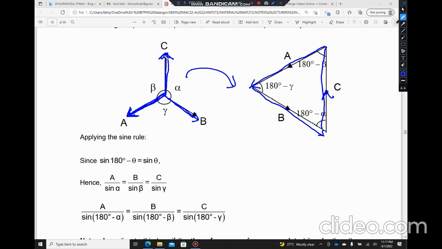Okay, then kita tengok sudut kat sini antara C dengan A. Antara C dengan A dia ada sudut beta. Tapi kalau kita sambungkan dia, dia akan jadi 180 minus beta. Sebab kat sini dia dah jadi sambung dekat ni kan. So that's why kat sini, kalau kat sini beta, kat sini 180 minus beta.